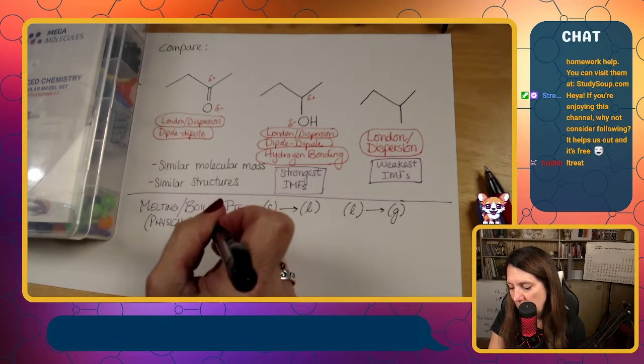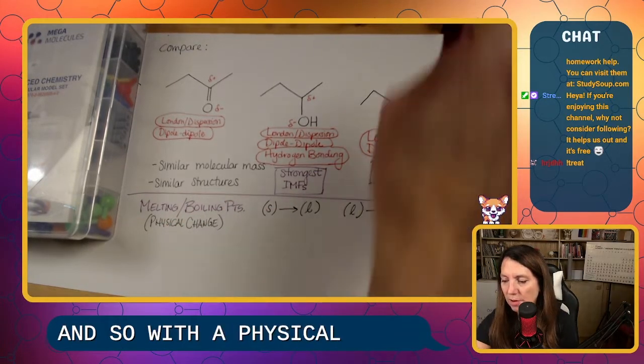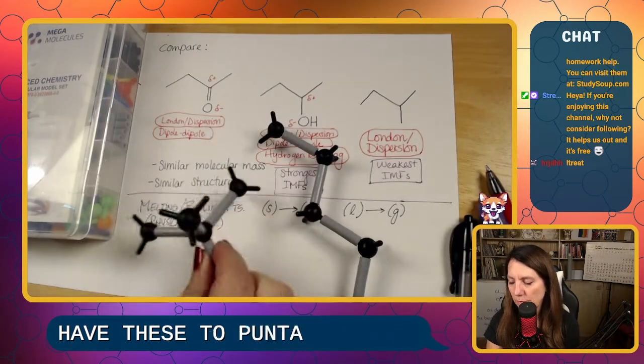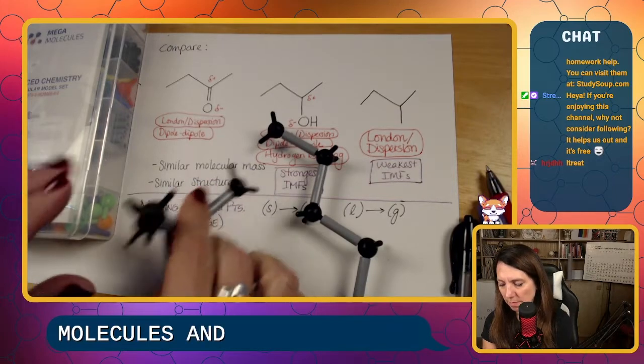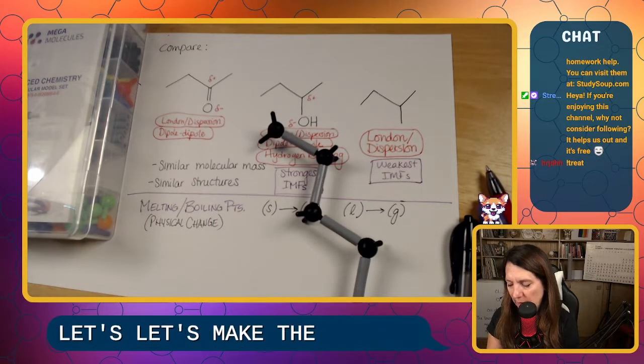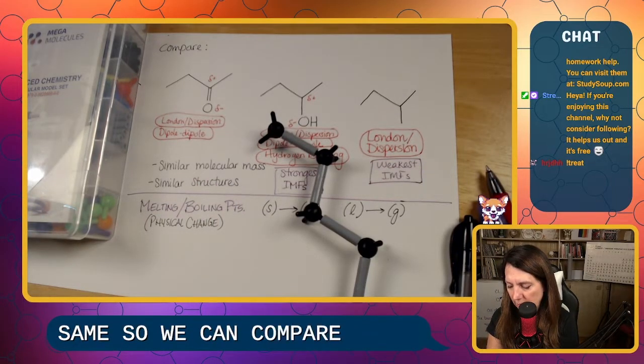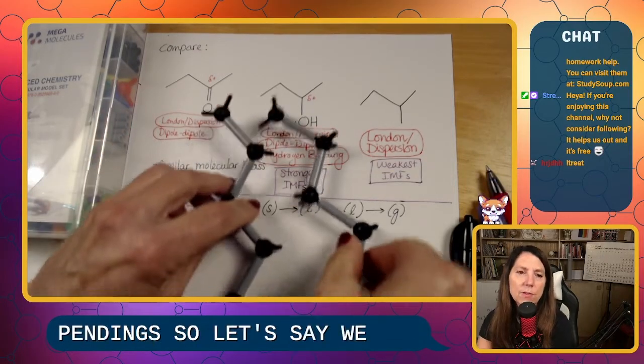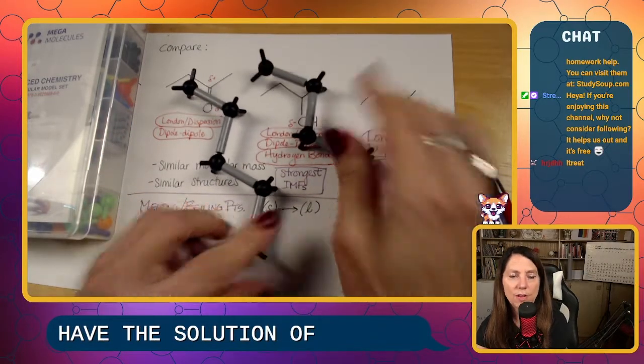All right. And so with a physical change, it's like, hey, if you have two pentane molecules, let's make them the same so we can compare. Okay, here's two pentanes. So let's say we have a solution that just has pentane in it.